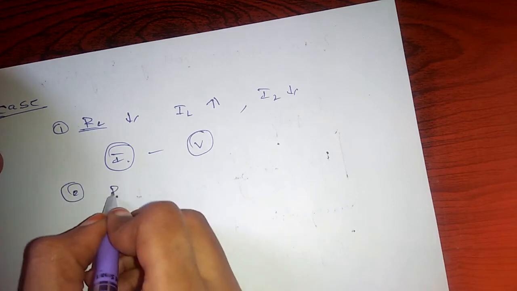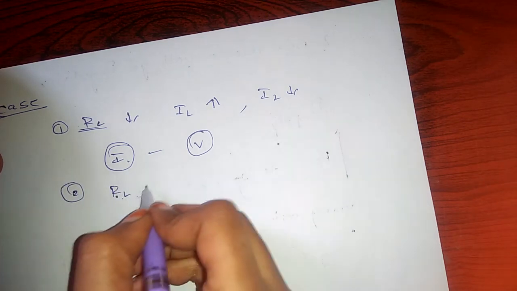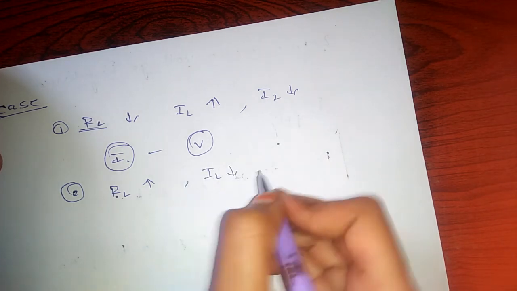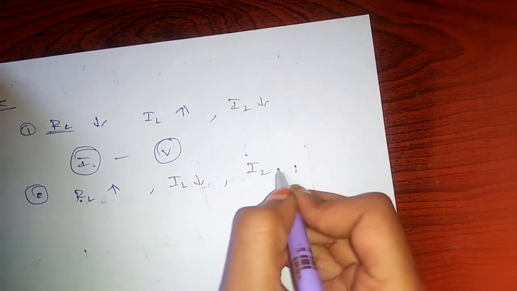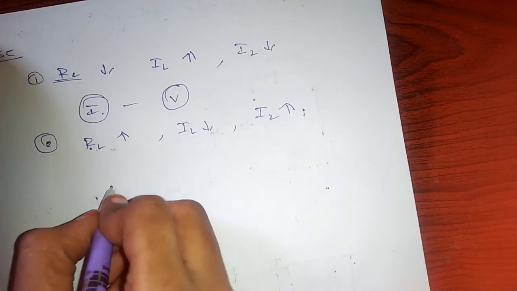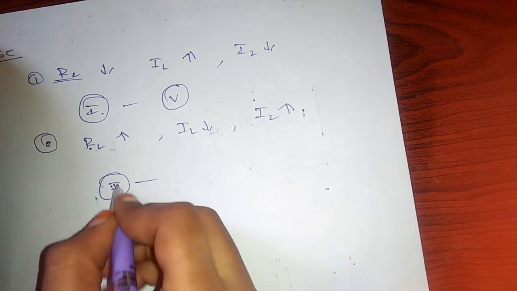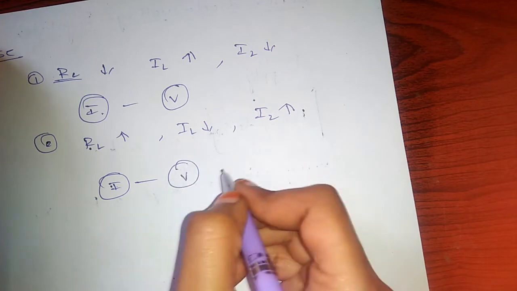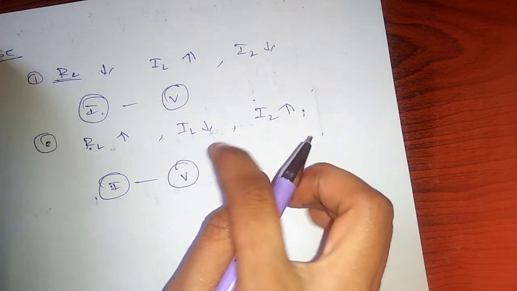If the load resistance RL increases, then IL will decrease. Hence, IZ will increase, so that the output current will be constant, keeping the output voltage constant.